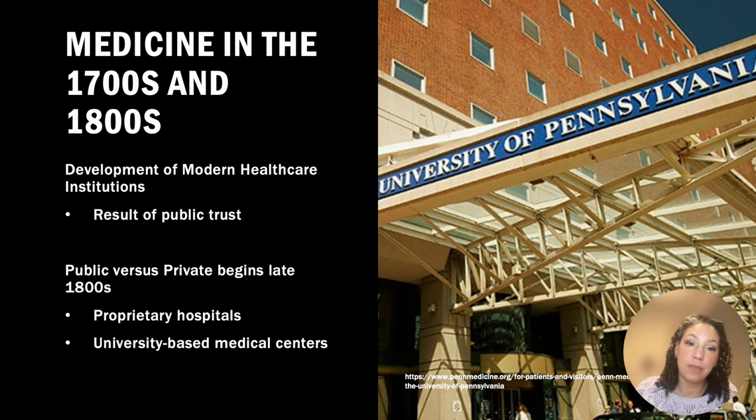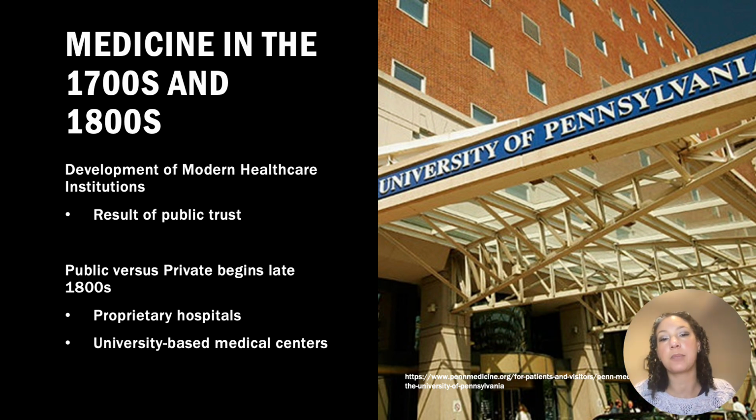At this time, there's also that very big line separating public versus private. So I've already mentioned poor and pest houses. That's your public. And then you have proprietary hospitals, which are owned by physicians, that the patients have to have the ability to pay in order to go there.